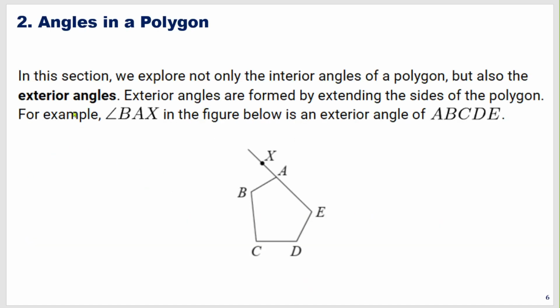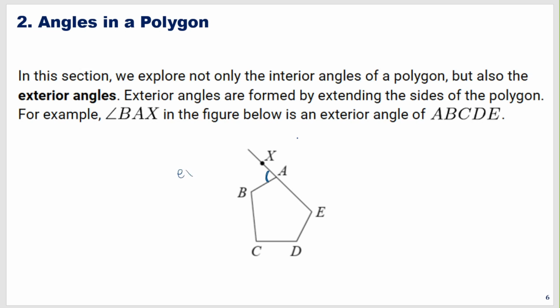Alright, then first of all, let's have a look at the angles in a polygon. In this lesson, we explore not only the interior angles of a polygon, but also the exterior angles. Exterior angles are formed by extending the sides of a polygon. For example, here in this diagram, angle BAX is an exterior angle of the polygon ABCDE.